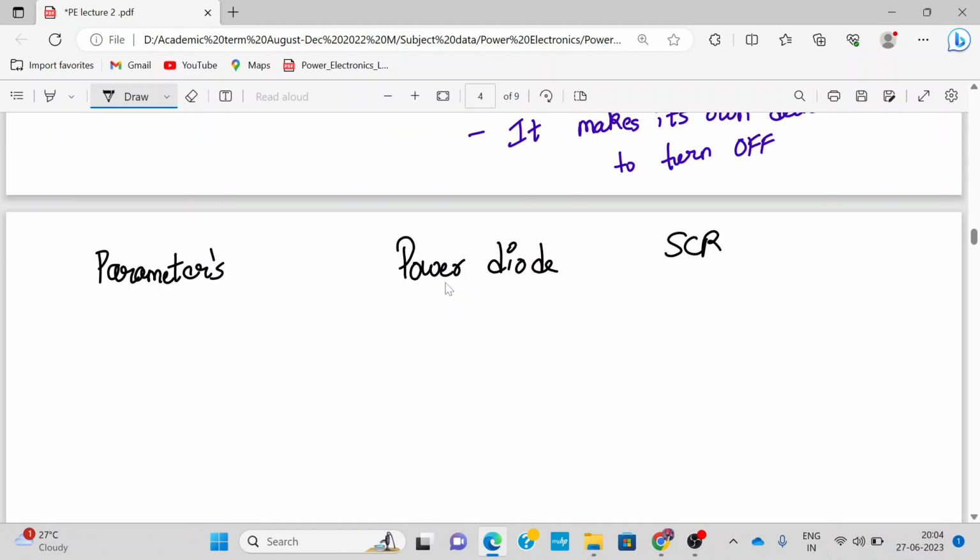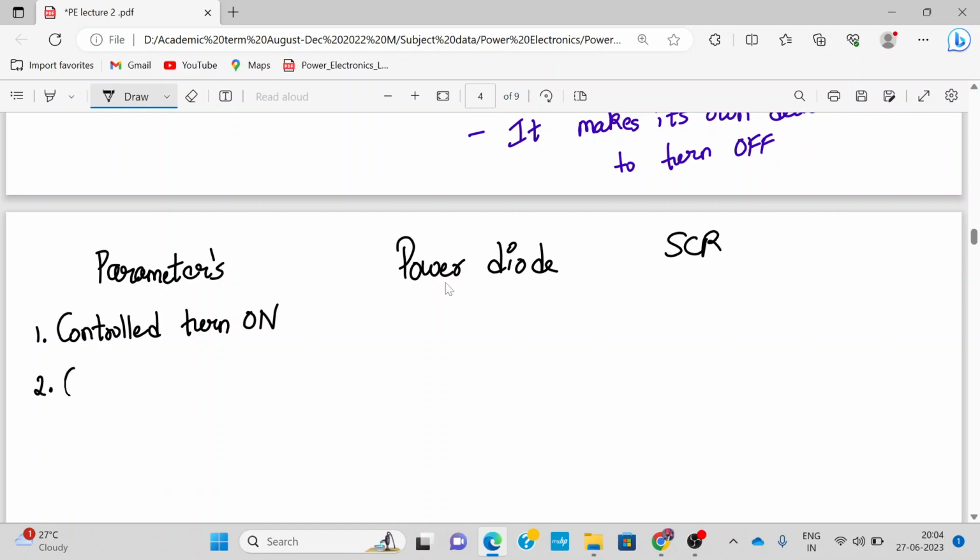Let's start. One of the parameters is controlled turn on, T on.